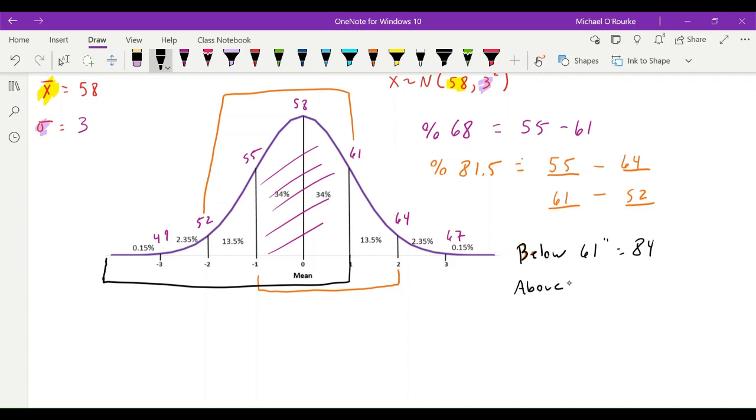And then above, that doesn't work out. That should be a higher number. Oh, I forgot the other 13.5. 97.5. And above 61 would be the 2.5%.